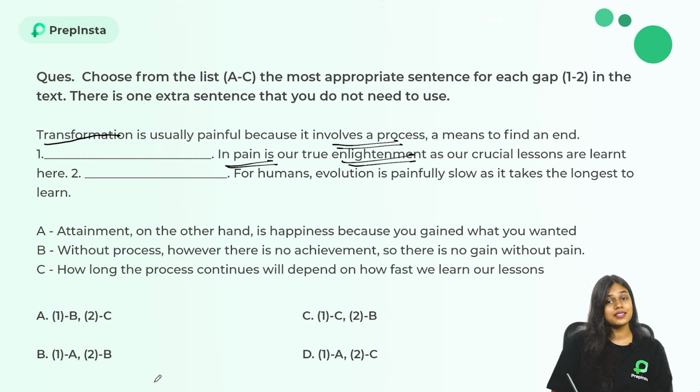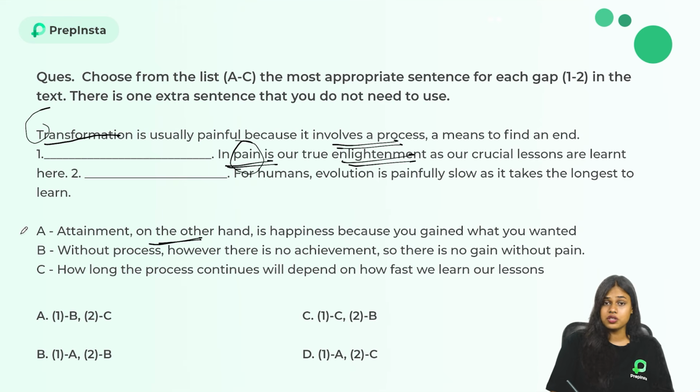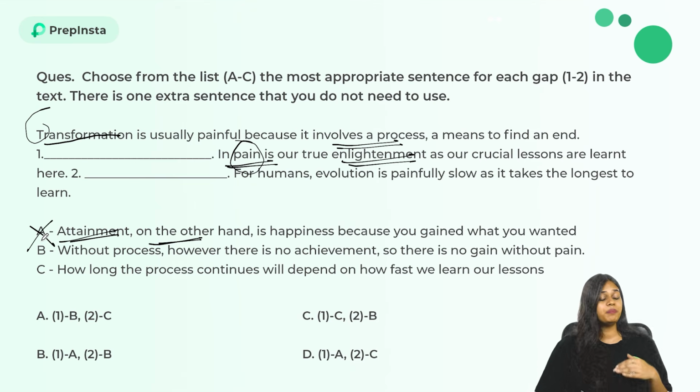All right, so let's read the sentences. Attainment, on the other hand, is happiness because you gained what you wanted. Now here, we are not talking about attainment, happiness or something that you gain, but about pain and transformation. So the sentence that talks about attainment will be eliminated. So we have B and C left.